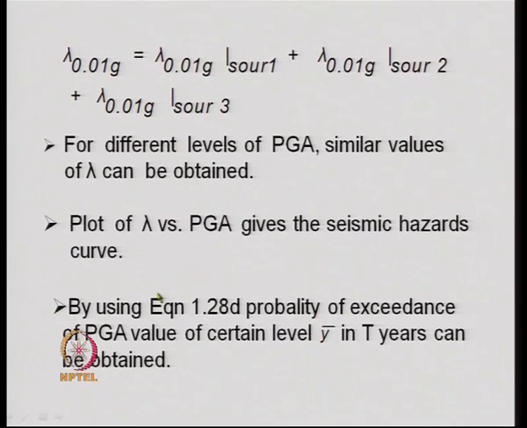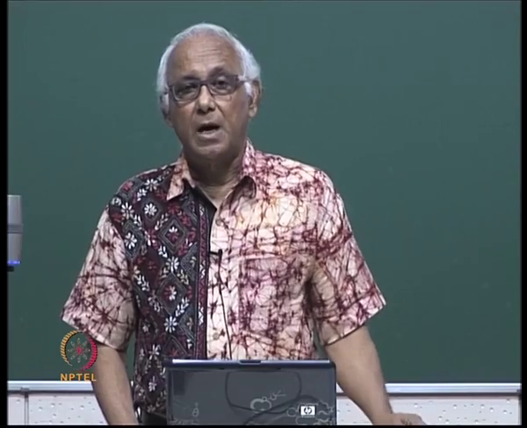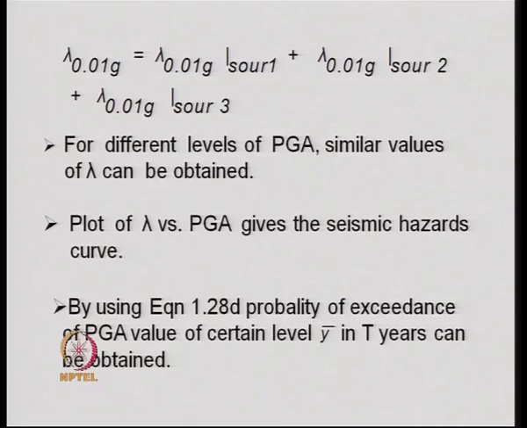Now, with this quantity known, that means the seismic hazard curve for peak ground acceleration or for any other earthquake measurement parameter, for a given level of the parameter one can find the annual probability of exceedance of that level.